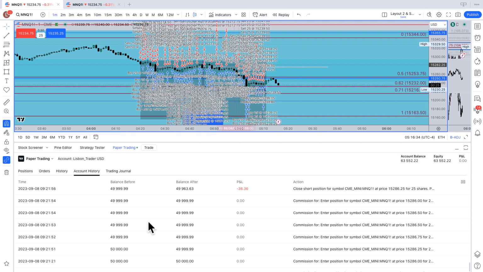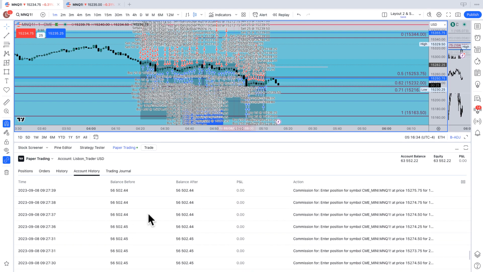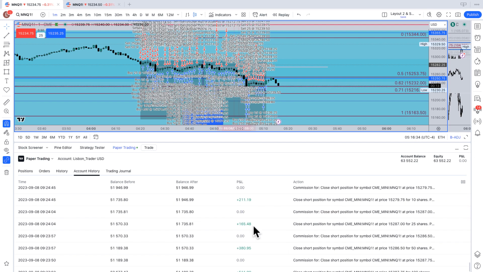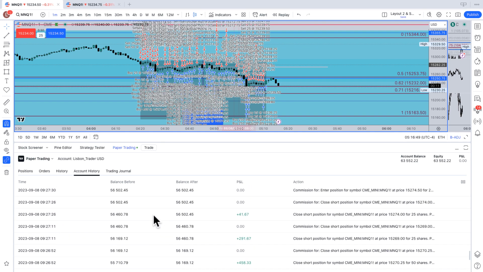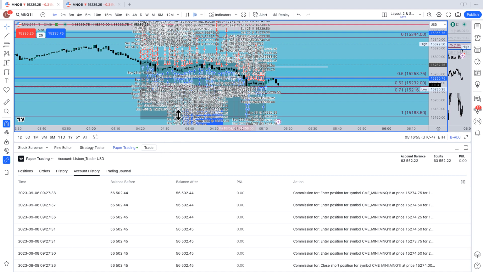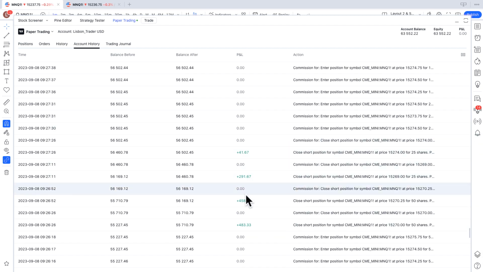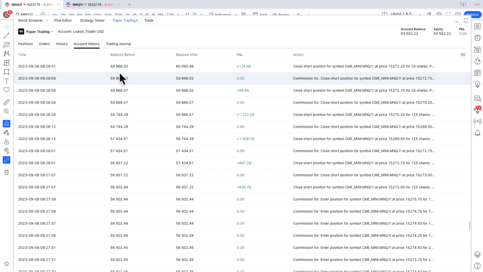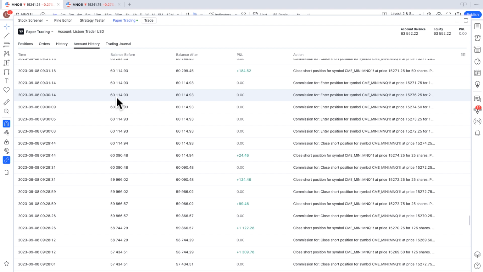So 50k balance, let's see what's going right. Well, so almost 100% rate until 52, 54. Let's see if I can maximize this. 59. This was equity high. 60. Actually, we could have stopped there.